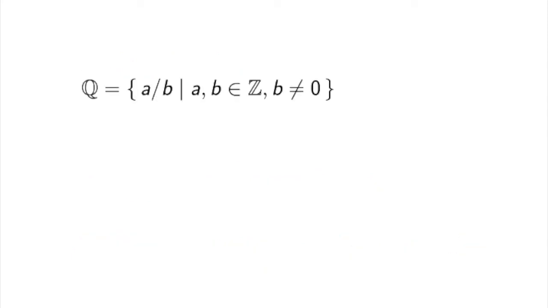So Q over here is another set with infinite cardinality, and this is the set of rational numbers, what you can think of as the set of fractions. So the way that this set is written looks a bit funny, but essentially you can just write this as follows.